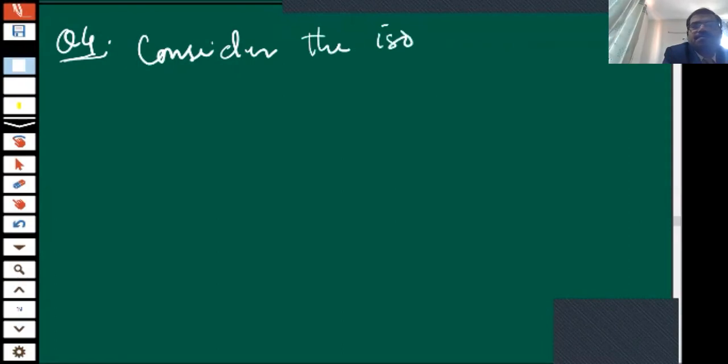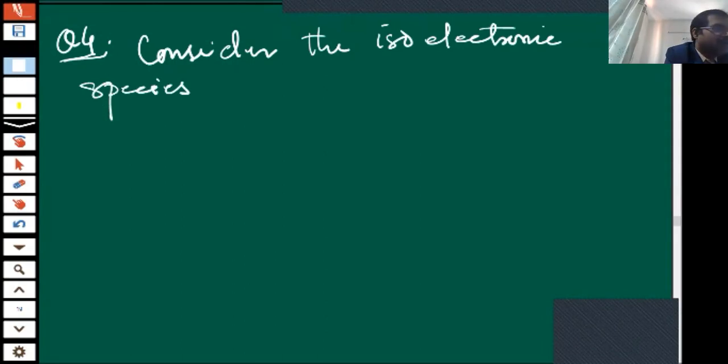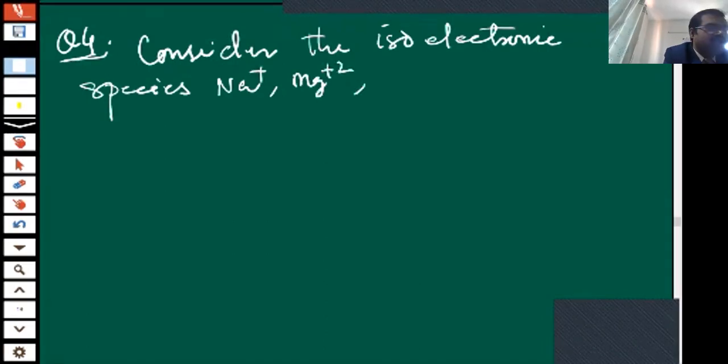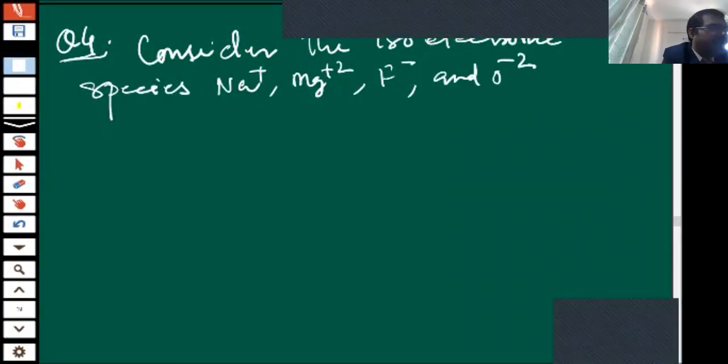Question number 4. Consider the isoelectronic species Na+, Mg+2, F-, and O-2.